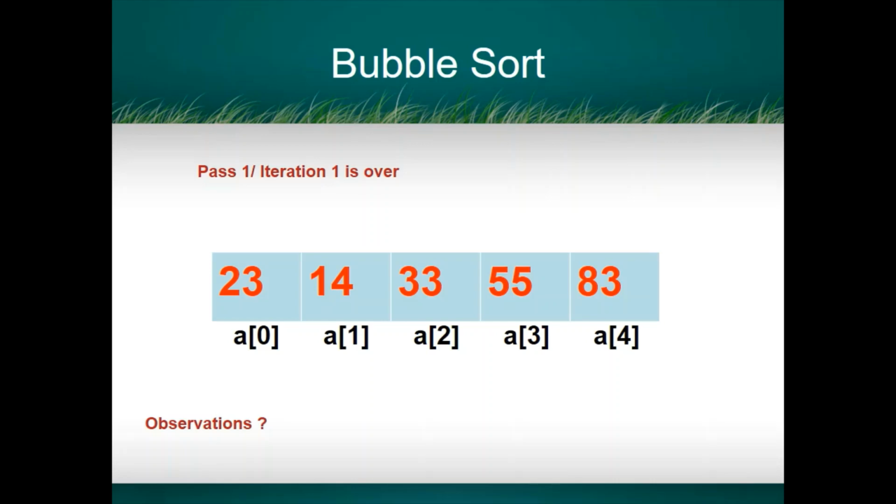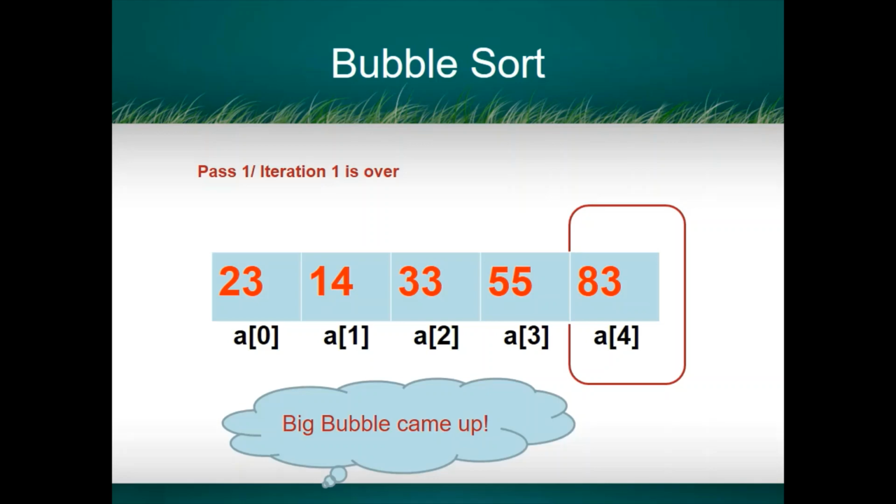Now what is our observation? After completing the first iteration, we can say that the biggest element is moved to the last position, a of 4. You remember the big bubble comes up first. So 83 sits in the last position.